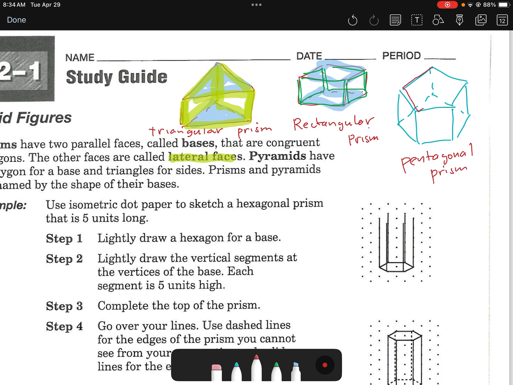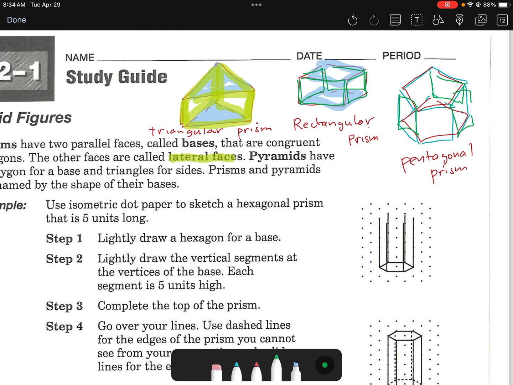But notice how the bases are pentagons. And see how they're parallel to each other? The lateral faces are rectangles. They're not necessarily parallel to each other. That's why it's a prism. Pentagonal prism because the bases are pentagons.